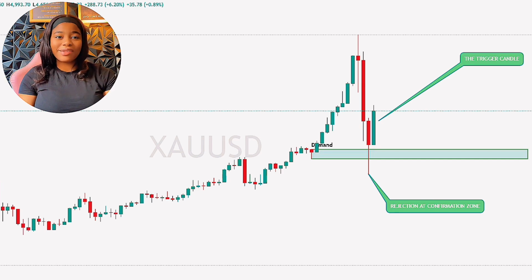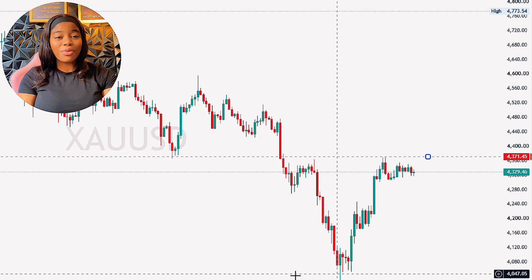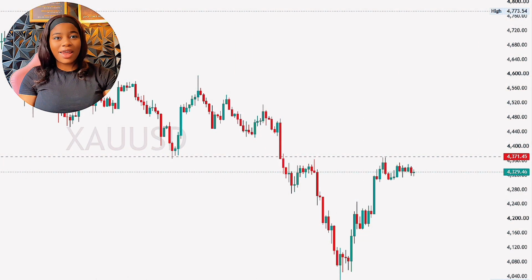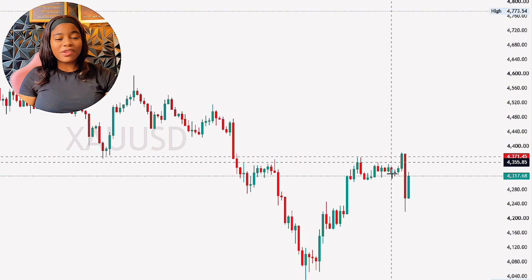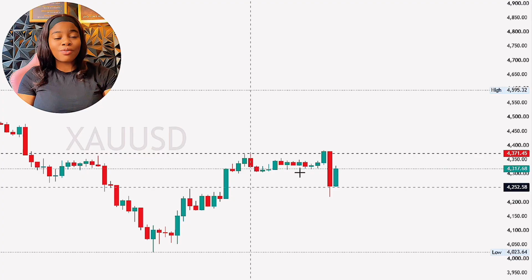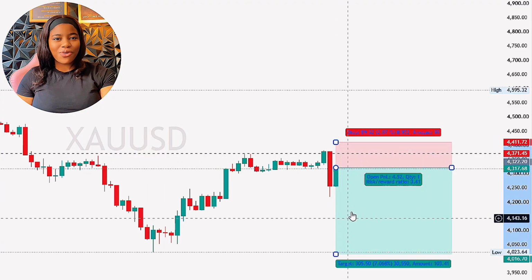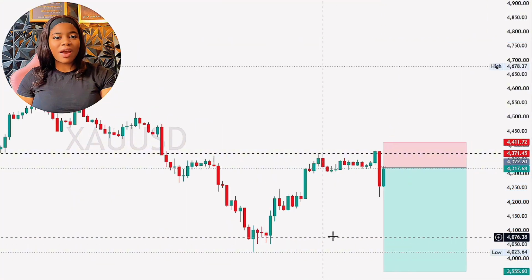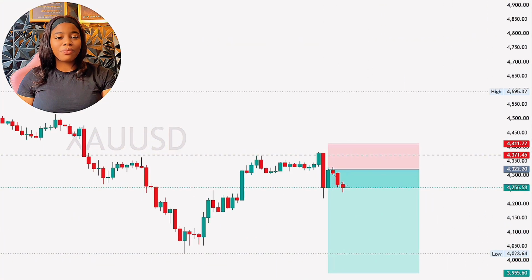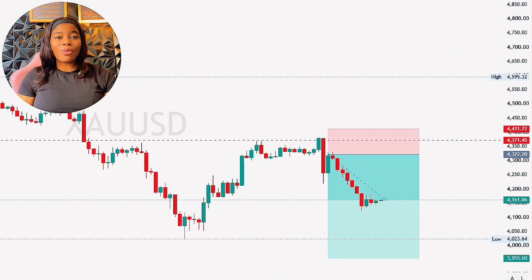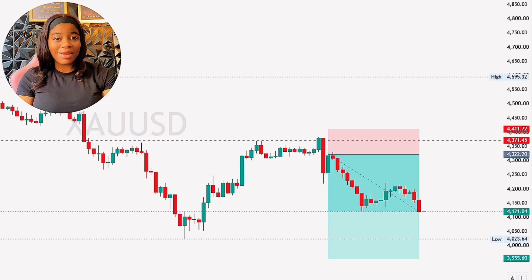Now it's time to execute. So you execute with conviction and allow the rest to play. Remember, this is where we stress less. We execute at our best and we give God the rest, because we have no control of how price will get to our target. But what we can do is step out of the way and allow it to do its thing so that we can get paid.